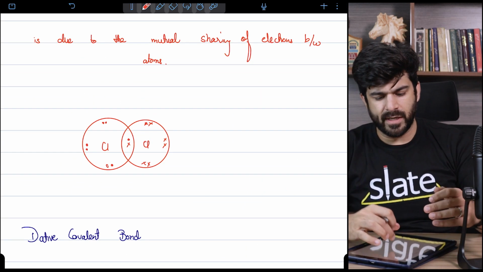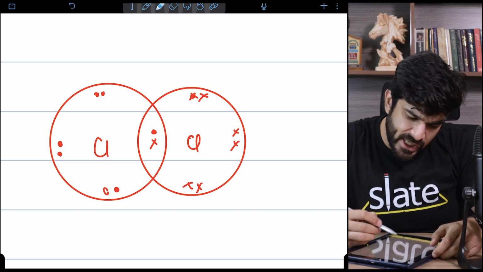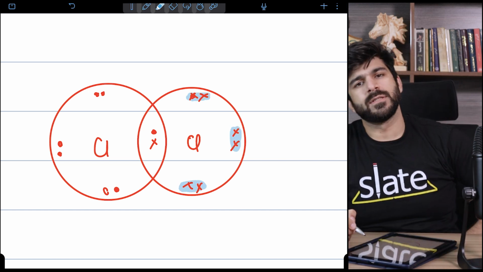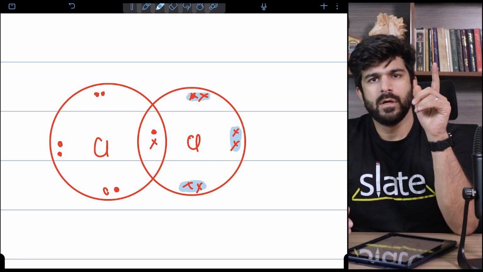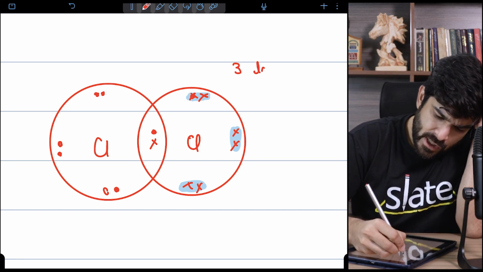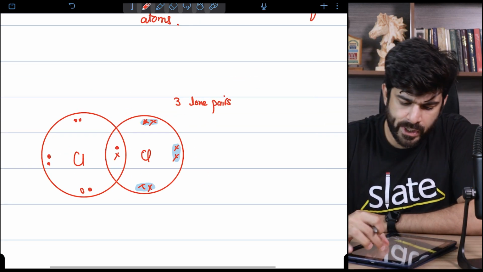For instance, if you look at the chlorine molecule, we see each Cl has 1, 2, 3 pairs. So chlorine has 3 lone pairs each. That is what we know about chlorine.